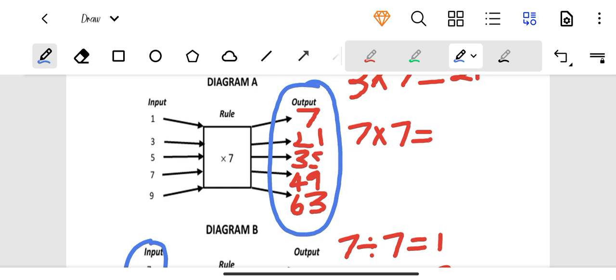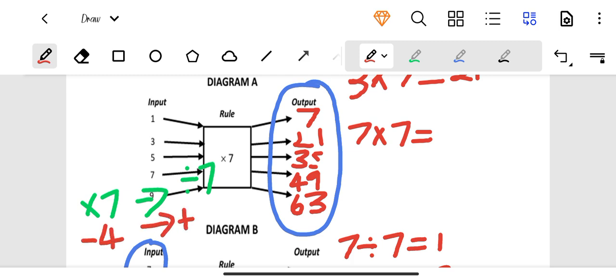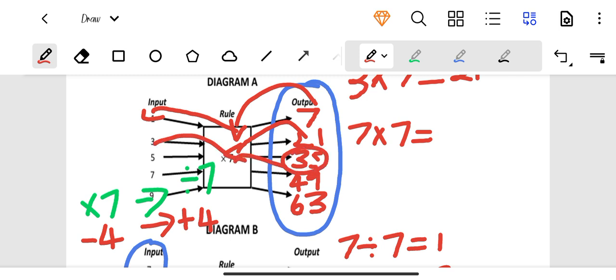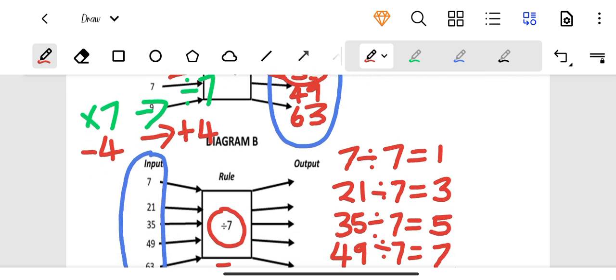Since you are given multiply by 7, now the rule is going to be divide by 7. What if they gave you minus 4? The rule is going to change to plus 4. That divided by 7 gives you 1, that divided by 7 gives you 3, that divided by 7 gives you 5, just like that. I hope this is making sense.